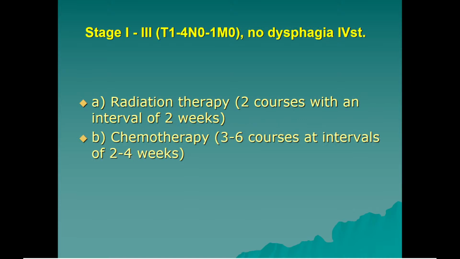Stage 1 to 3, no dysphagia. A. Radiation therapy, 2 courses with an interval of 2 weeks. B. Chemotherapy, 3 to 6 courses at intervals of 2 to 4 weeks.